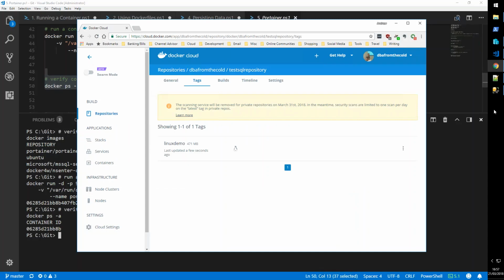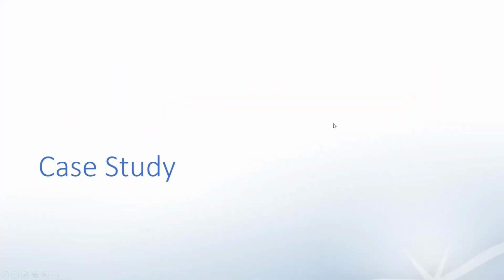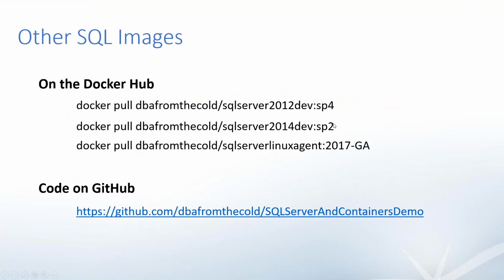Okay, so that's pretty much all of the demos. I'm just going to jump back into my slides to finish off. So I did mention at the start that if you want to run an earlier version of SQL Server in a container, there are different options. You can either check out Windocs, which is an open port of the software that Docker's made available to the community, which allows for earlier versions of SQL Server to run on earlier versions of Windows Server.